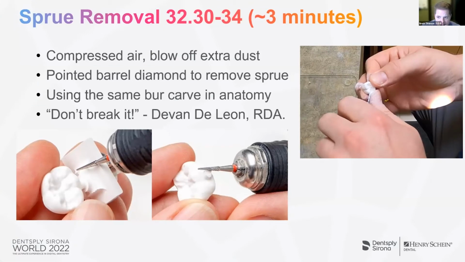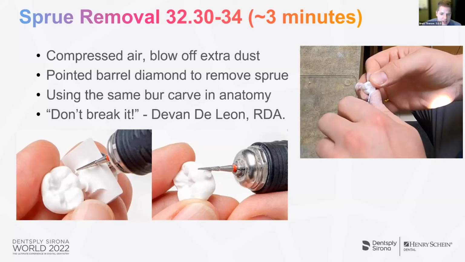Just want to make sure that doesn't drop, because it is vulnerable in this softer phase. So, in the words of my assistant, don't break it. And she always tells me I'm jinxing her. But I use that same burr to smooth off the sprue and to carve in some additional anatomy.